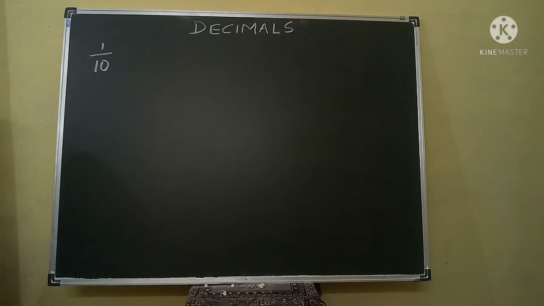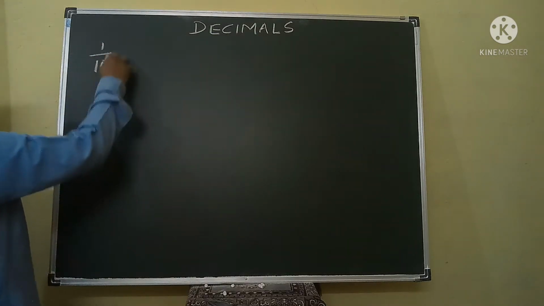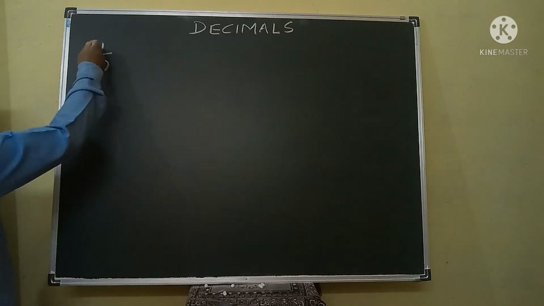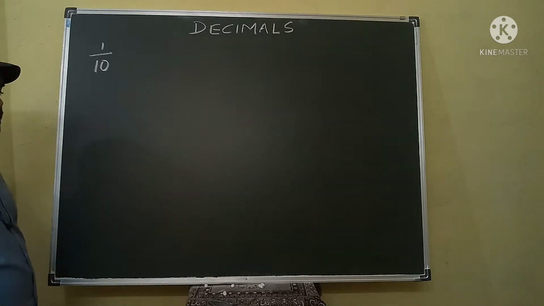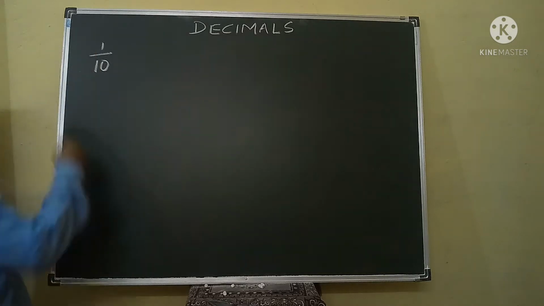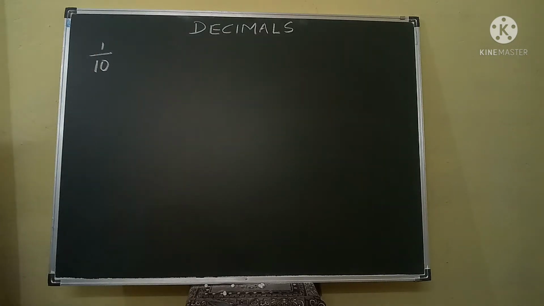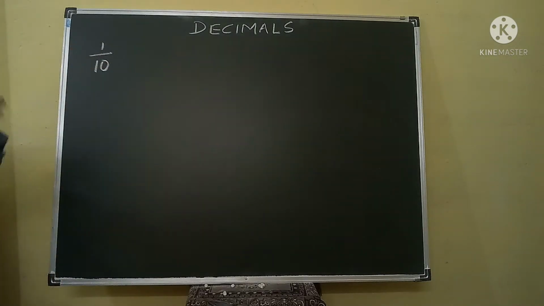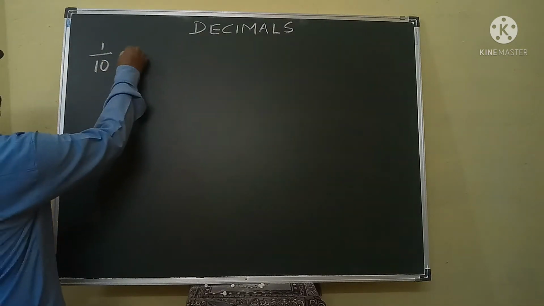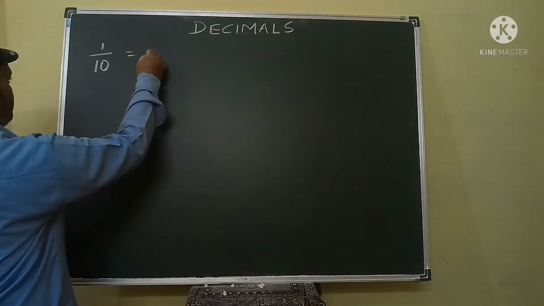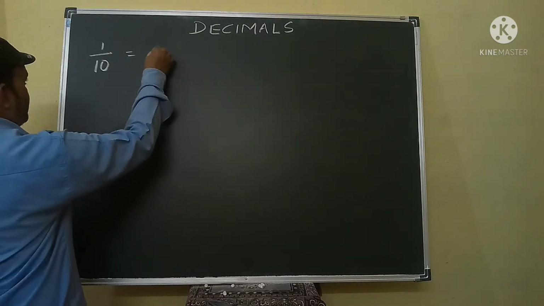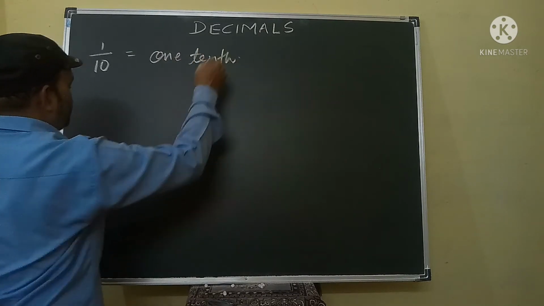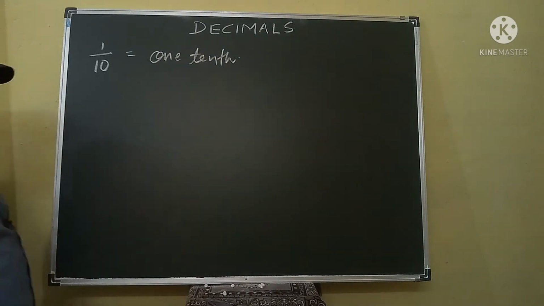Okay, so how can you read this number? In simple language, this is 1 upon 10. But in decimals chapter, how can you read this type of number? This is 1 upon 10, and we will write here 1/10. 1/10 means 1 upon 10.